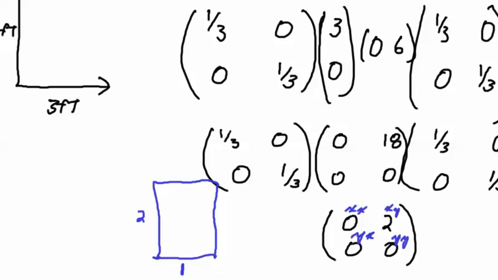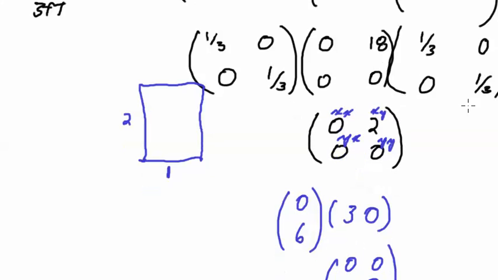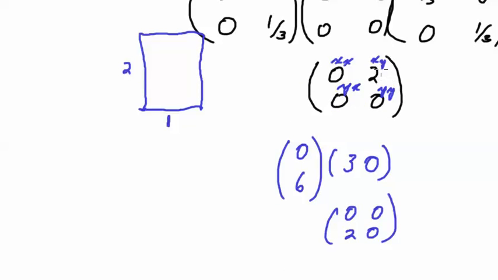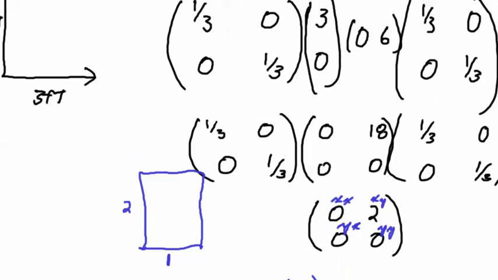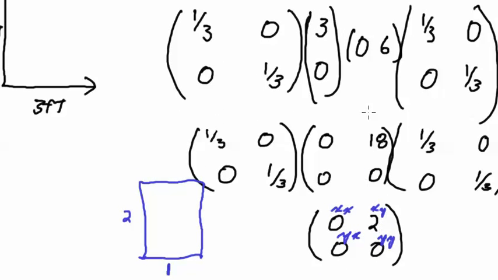So in this example, why did this come out to be 2 and this come out to be 0? Probably because that's what actually happened. I built 1 yard in the x direction, followed by 2 yards in the y direction, and I did not build anything in the y direction followed by the x direction.